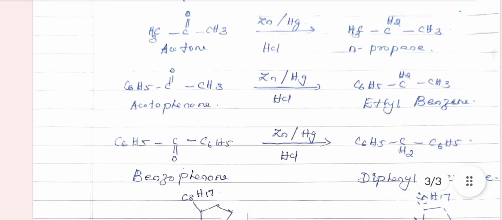And acetophenone, when it goes for reduction, gives ethyl benzene. This is very good for the production of ethyl benzene, which is helpful for the production of the styrene molecule, and it acts as a solvent.